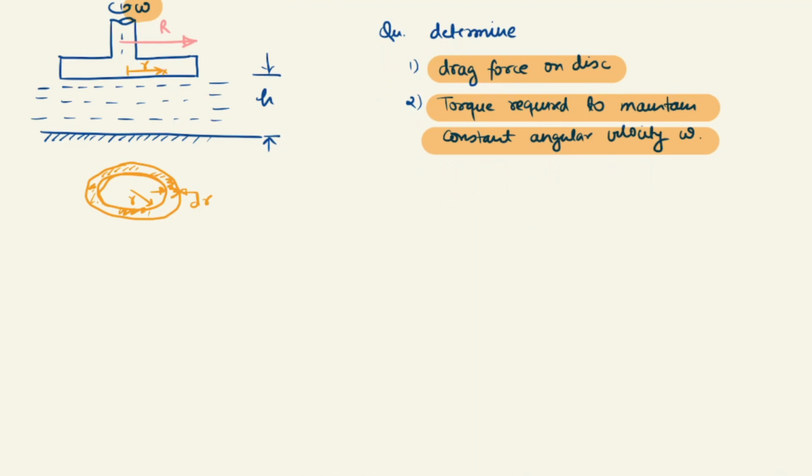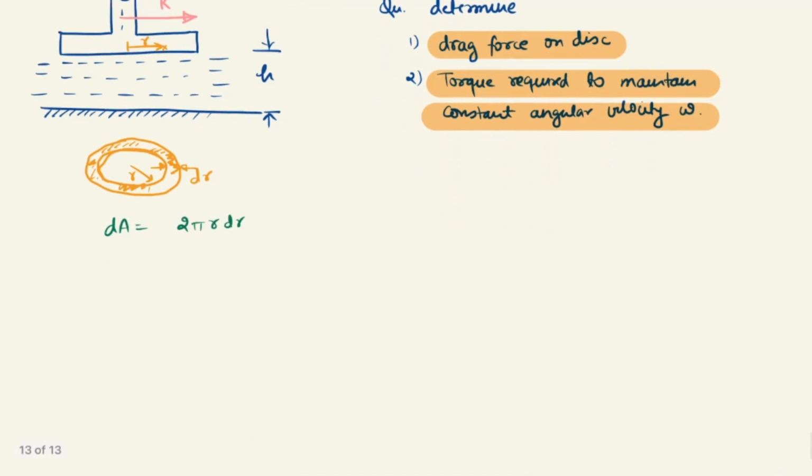So this area is going to be 2 pi r into dr, and now since we know the area, we can also find out the elemental force, which is going to be equal to tau, that is shear stress, into dA. So what is going to be the shear stress?